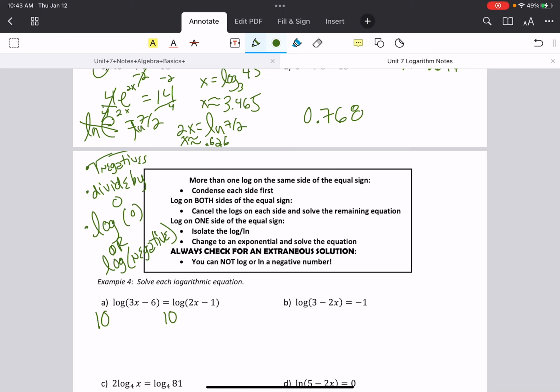Because they have the same base, and a log and an exponent are inverses. Now I have a nice linear equation to solve.